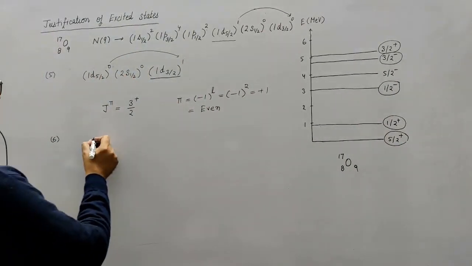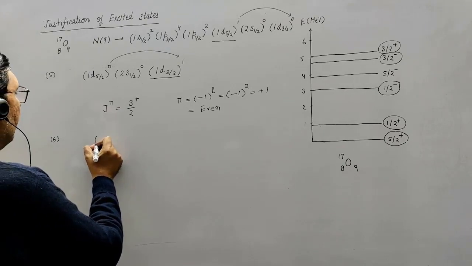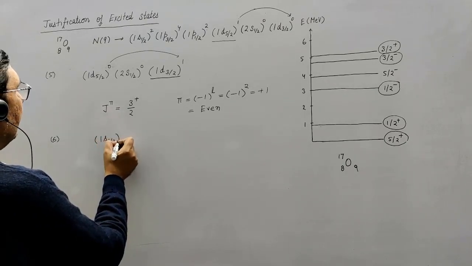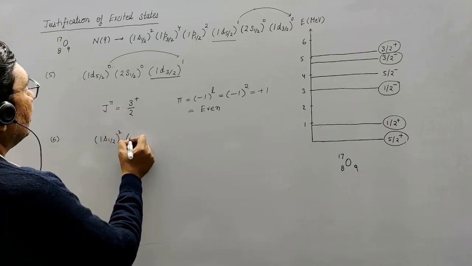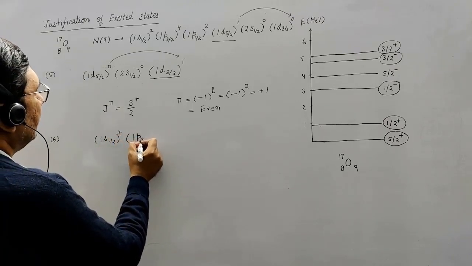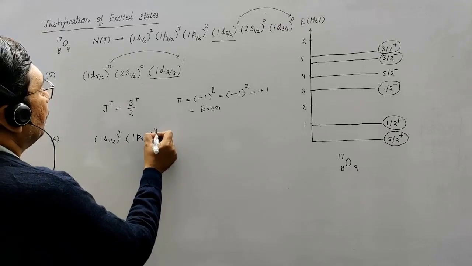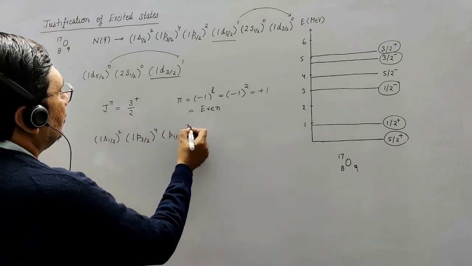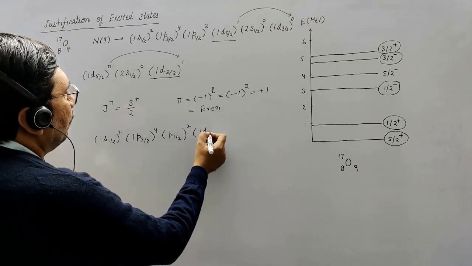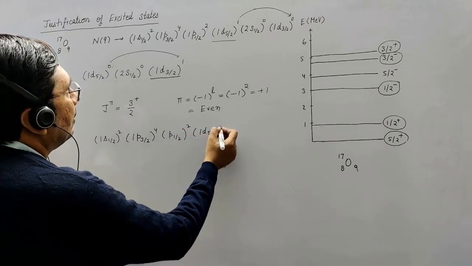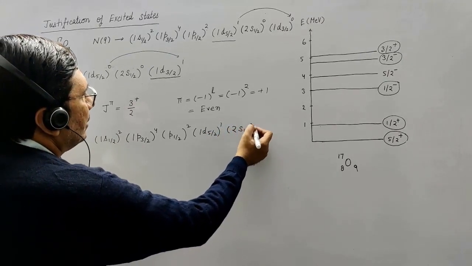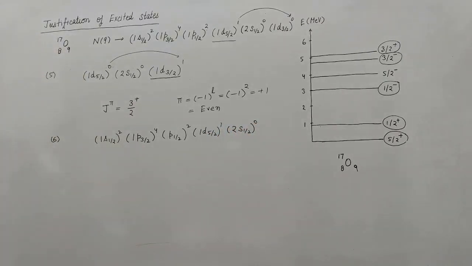For this, the configuration right now is: 1p3 by 2 has 4, 1p1 by 2 has 2, 1d5 by 2 has 1, and then 2s 1 by 2. This is the situation right now.